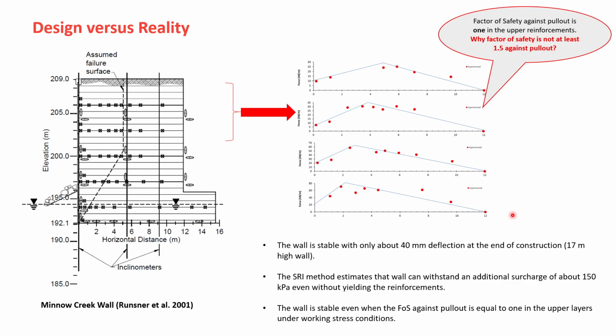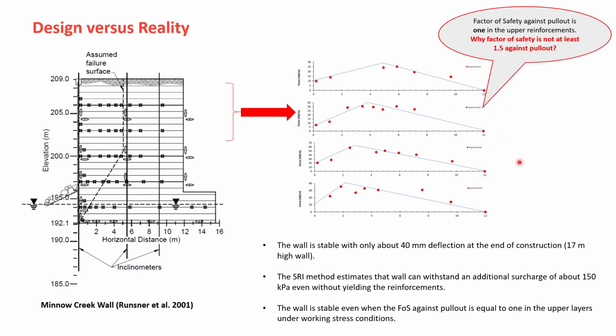I calculated this one using the method that I just explained, and I think that even with 150 kPa, it won't even yield some of these reinforcements. So it's very stable. But look at the reinforcements at the top, maybe 5-6 meters. You see the full reinforcement length is mobilized in those.